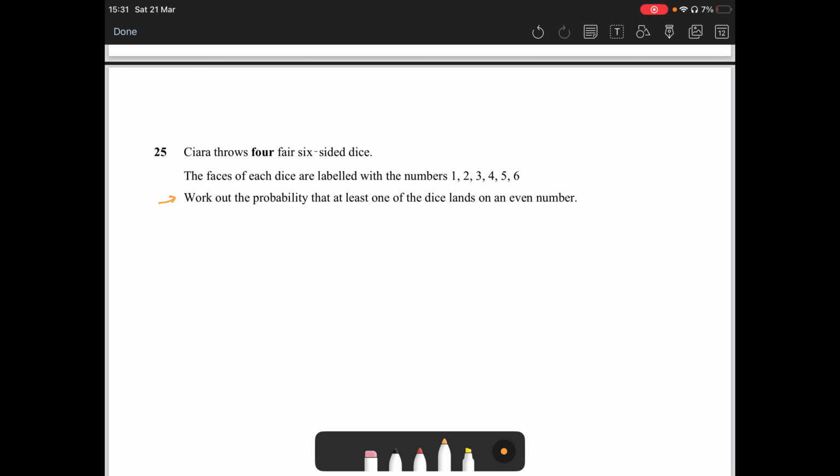Rather than saying the probability that at least one of the dice lands on an even number, it's the same as saying, what's the probability of it not landing on all odd numbers?